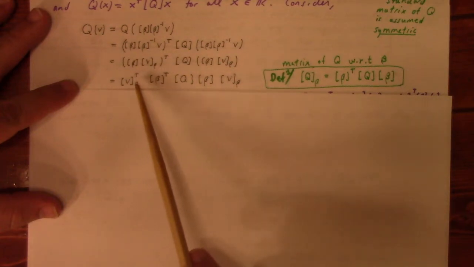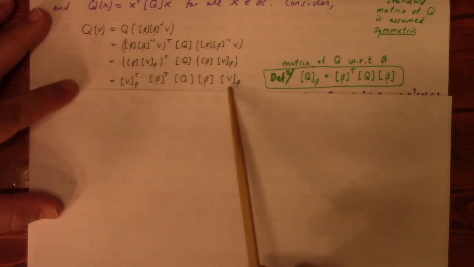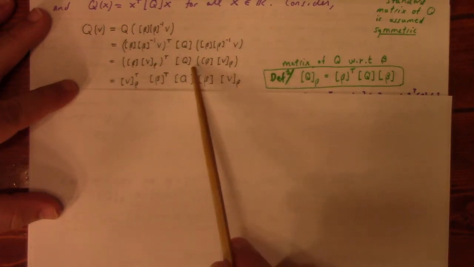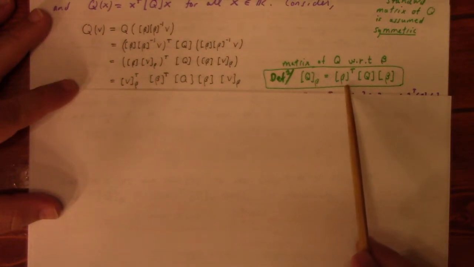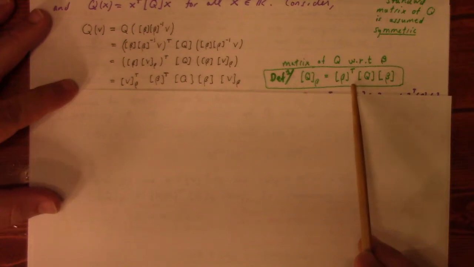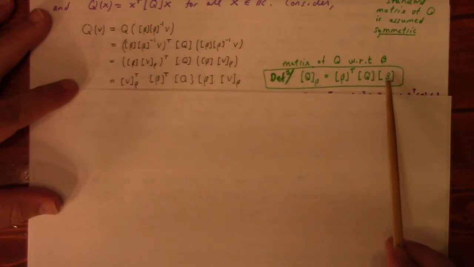And so you look at that and you go, oh, so if I use the coordinate vector with respect to the beta basis, then this is the matrix. All right, so definition: the matrix of Q with respect to the beta basis is given by the transpose of the basis matrix times Q, standard basis, times the basis matrix again.